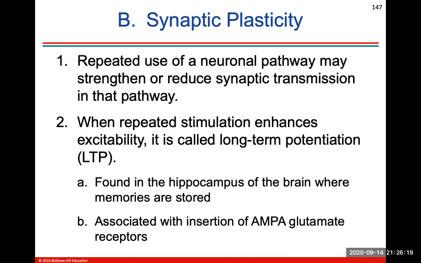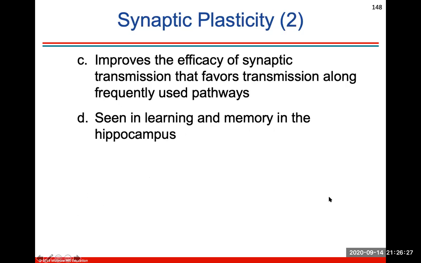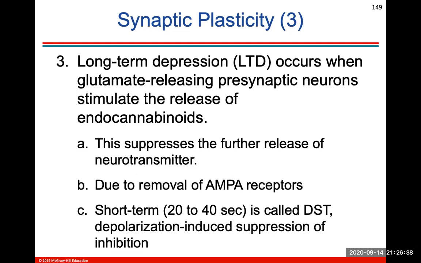It may strengthen or reduce the synaptic transmission. It's called long-term potentiation when repeated stimulation enhances excitability. It can improve the efficacy, so the ability of it to perform its function. It's seen in learning and memory in the hippocampus part of your brain.